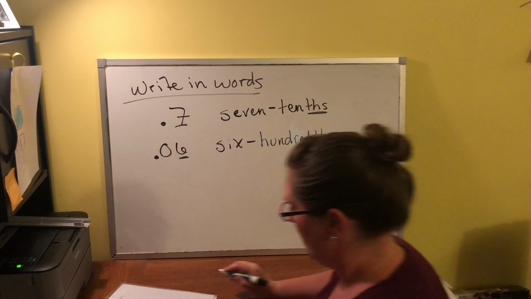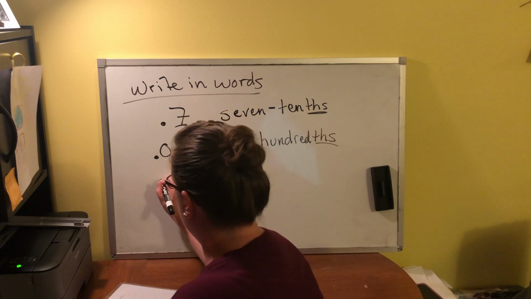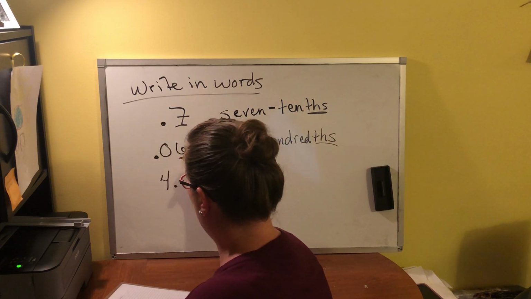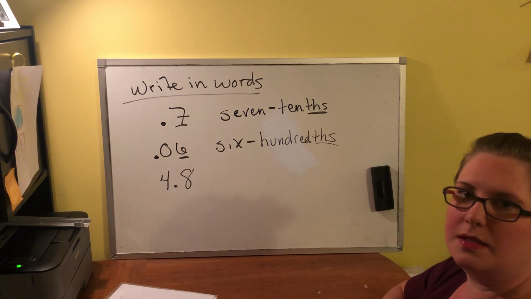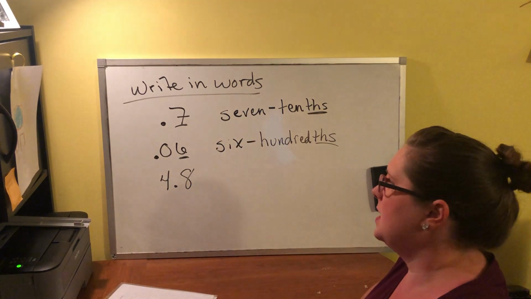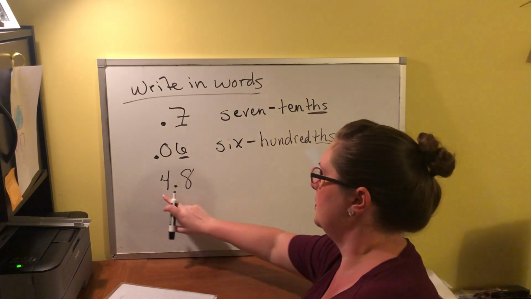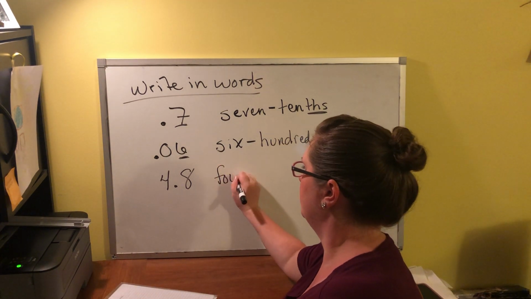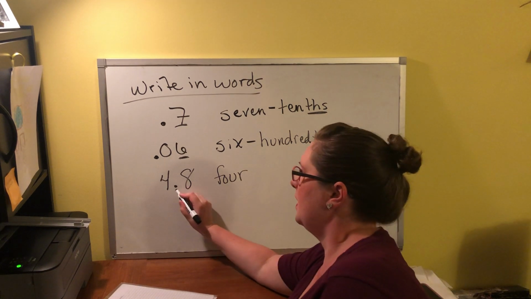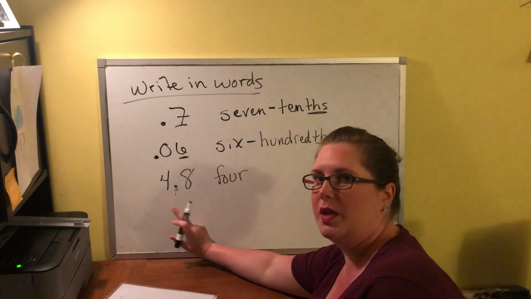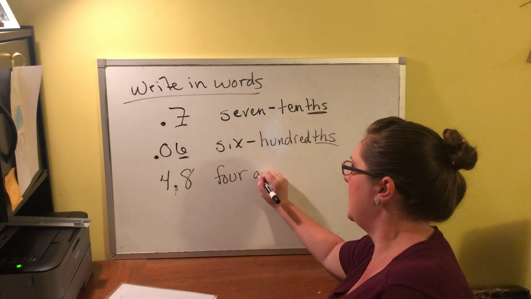Okay, let's look at 4.8. So now we have a whole number and a decimal. Okay, so we're going to start out with our whole number 4. Now to signify that there is a decimal here, and you only do this when there is a whole number and a decimal, you're going to use the word and.